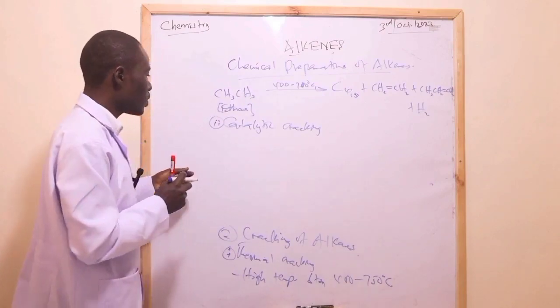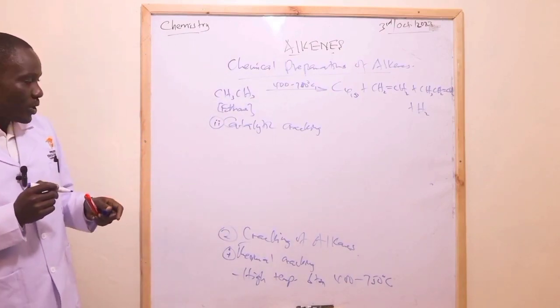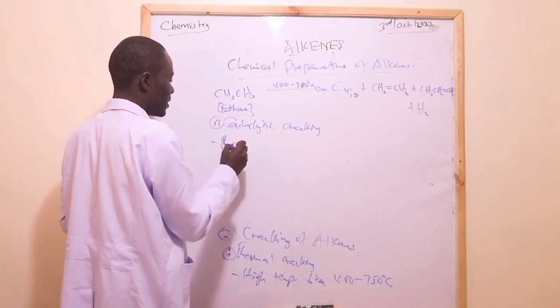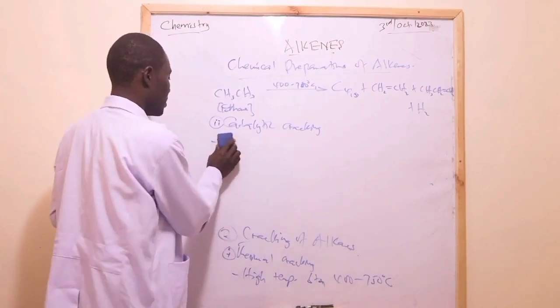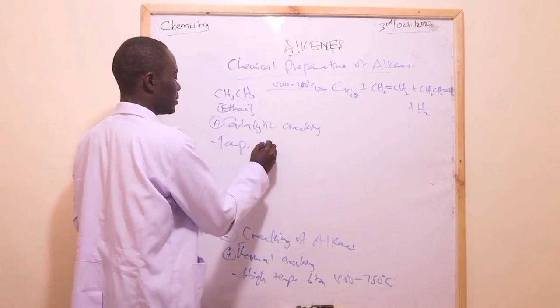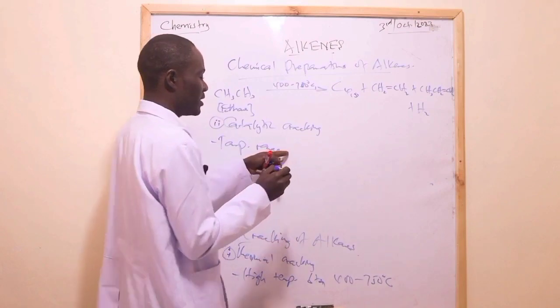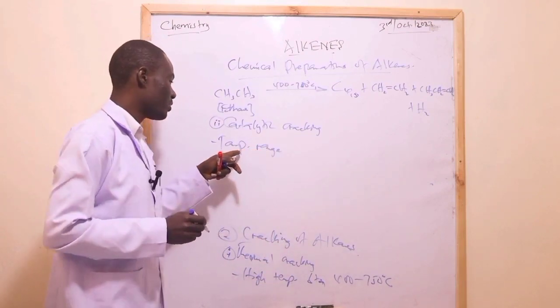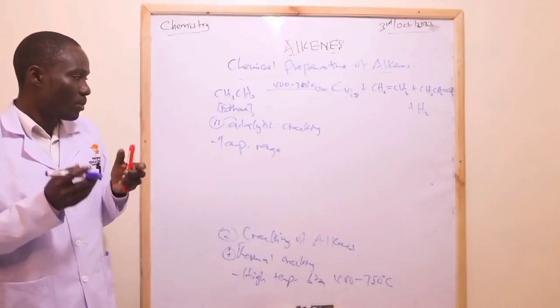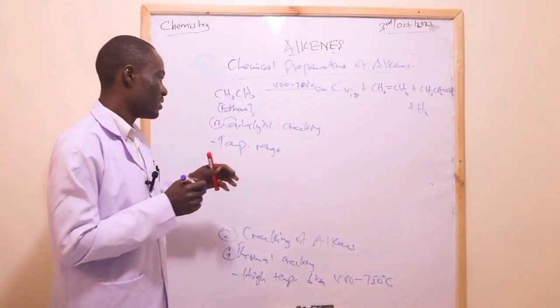So here we find that the temperature range is relatively low. We subject the long chain members of alkanes to a lower temperature than just the thermal.